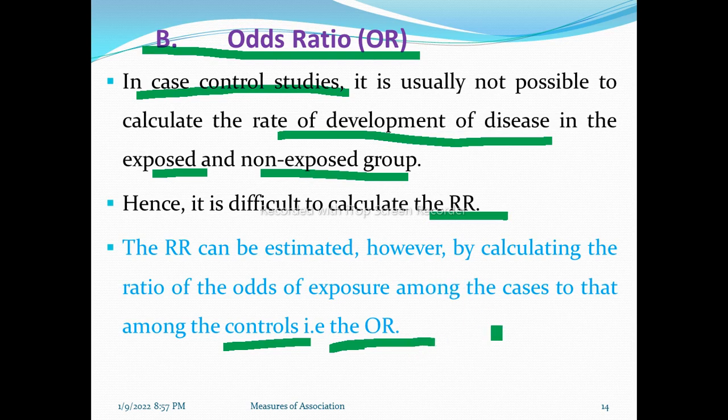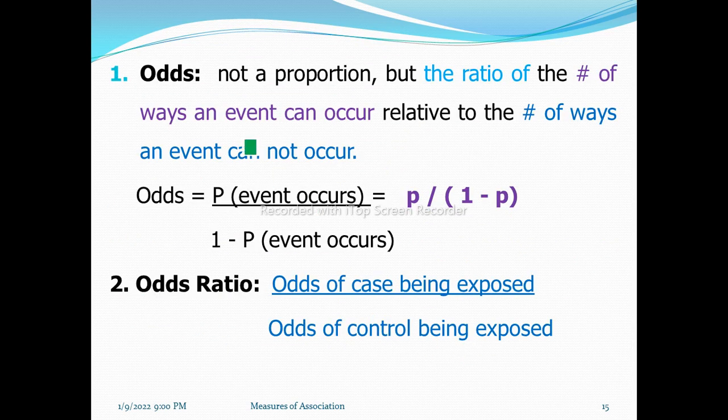Now we will calculate the ratio of odds of exposure among cases to that among controls. So this is odds ratio. What is odds? Not proportion, but the ratio of the number of ways an event can occur relative to the number of ways an event cannot occur.